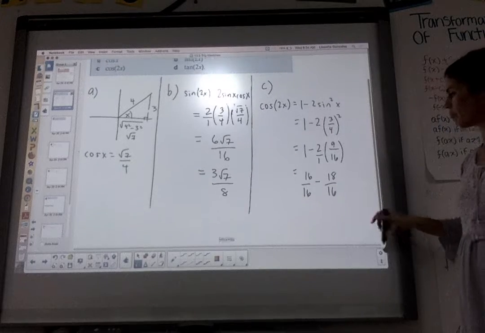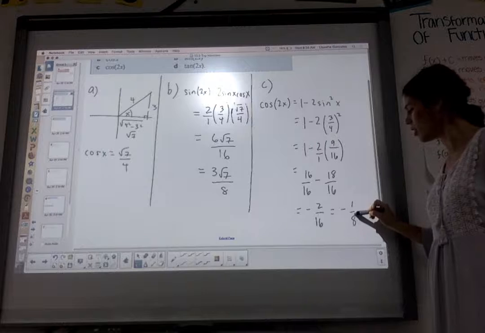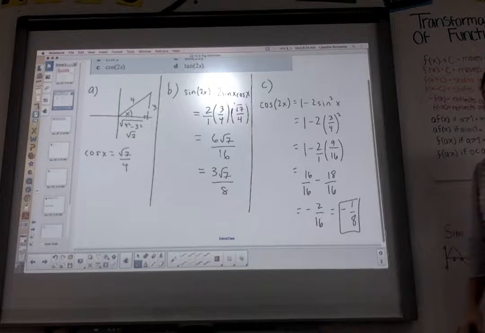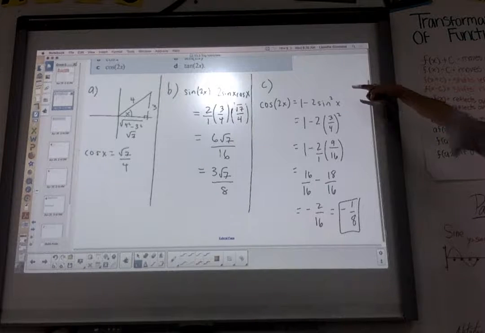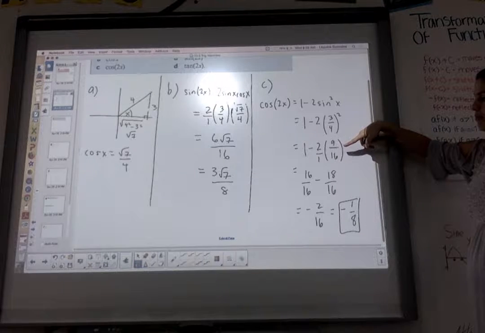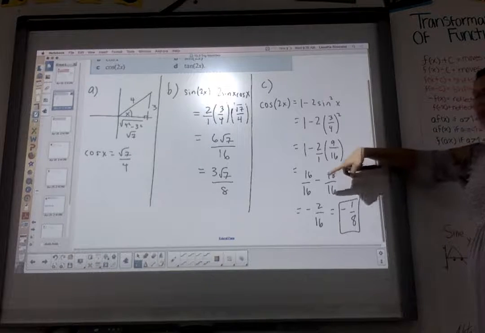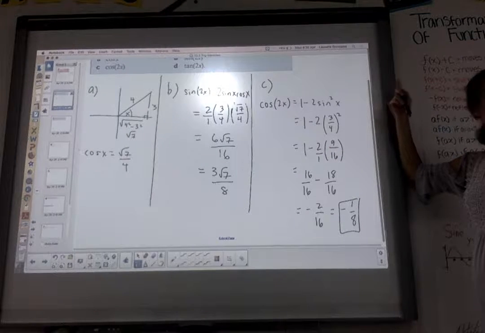Negative 2 over 16, so negative 1 over 8, right? Outstanding. So just go through the process, right? You substitute sine for 3 over 4, square it, multiply it. I did the same exact thing, but the thing is you write the 1 as 16 over 16 to get a common denominator.